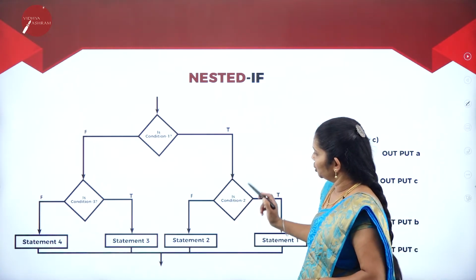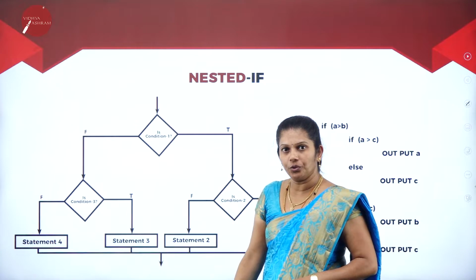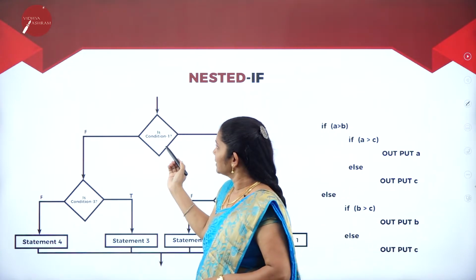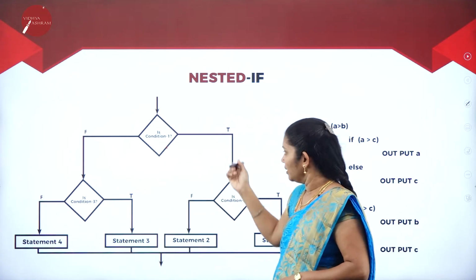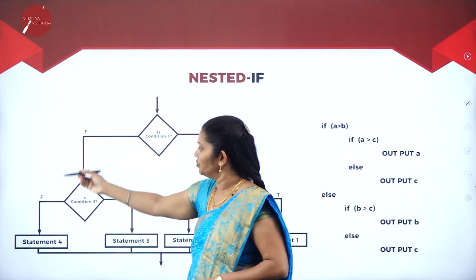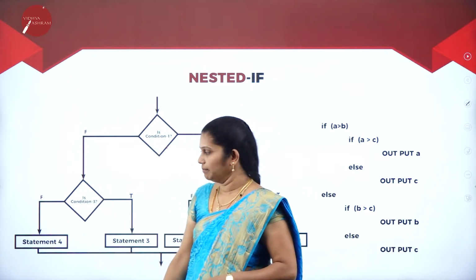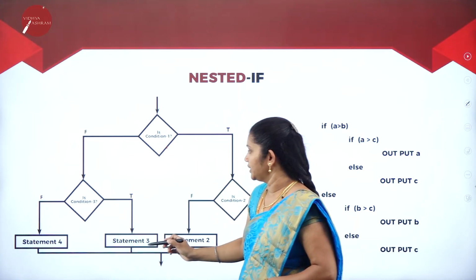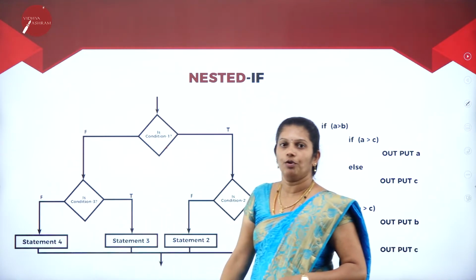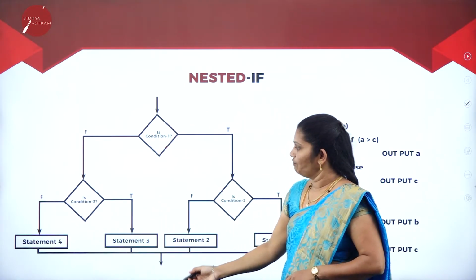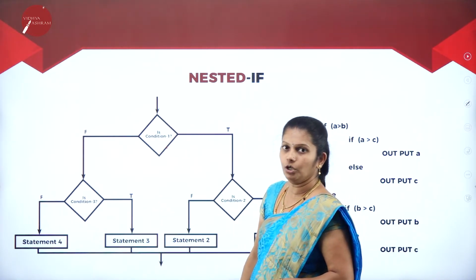If the second condition is false, then statement 2 will execute. If the first condition is false and the second condition is not satisfied, then it will come to check condition 3. Here, if this condition is true, statement 3 will execute. If the condition is false, then statement 4 will execute. Finally, everything will come out of the loop.